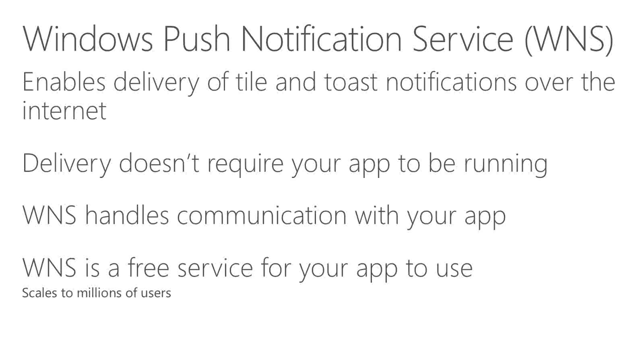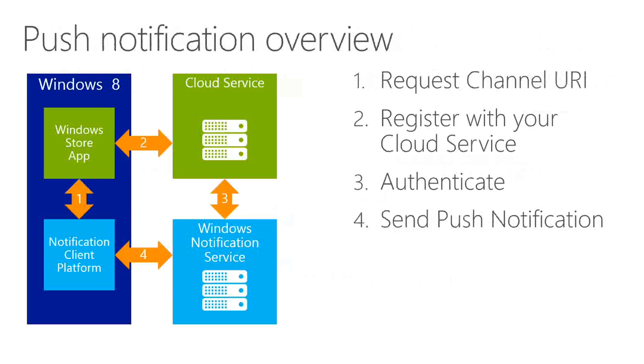It's a free service for your app to use. It absolutely scales across the board. You need to have an information infrastructure which will leverage the push notification and WNS infrastructure. So this is how the push notification sequence works. Number one, your Windows Store app.